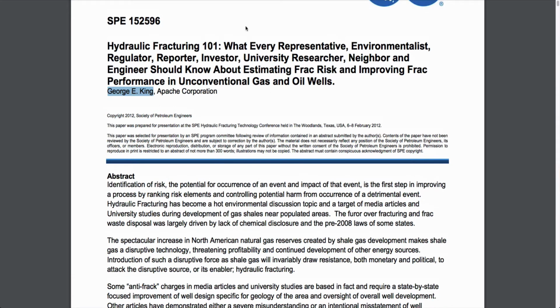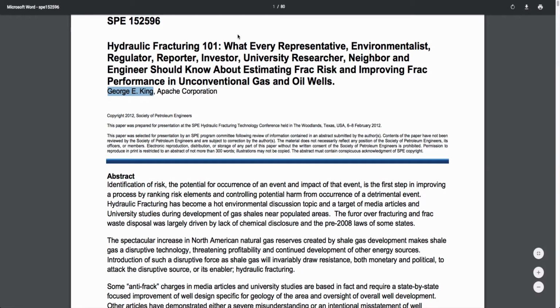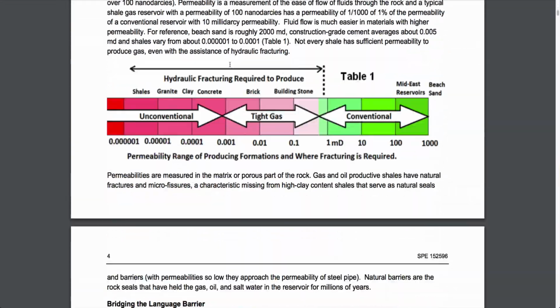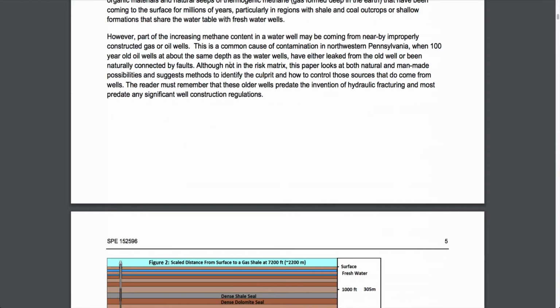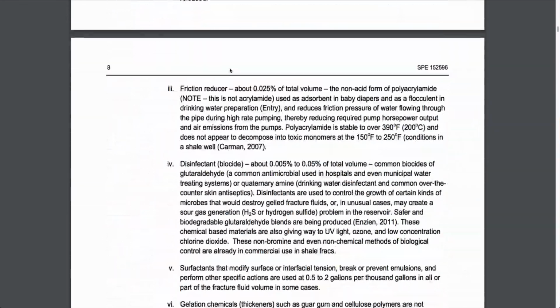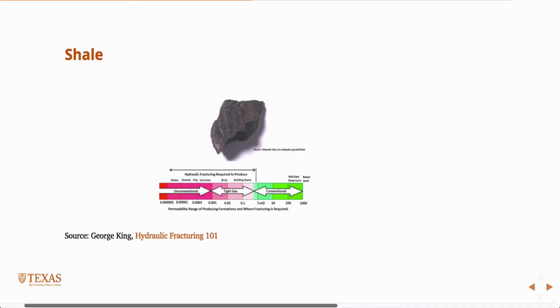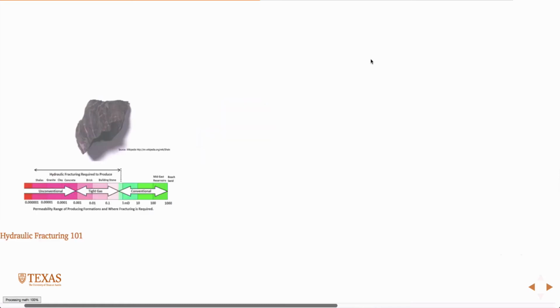You can see the subtitle: what representative, environmentalist, regulator, reporter, investor, university researcher, neighbor, and engineer should know about estimating frac risk and improving frac performance on unconventional gas and oil wells. It's like the longest title ever. Your normal SPE paper would be something like 12 or 15 pages. This is over 100 pages. So it's an extremely good resource, and he's continued to update it over the years. It's another good place if you want to learn more about this kind of stuff.